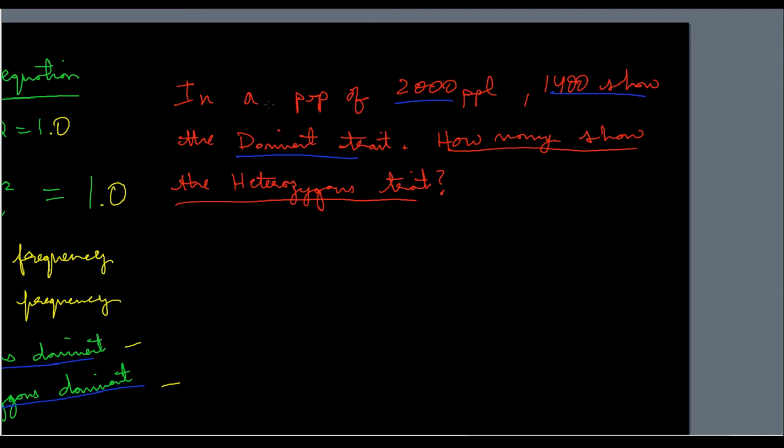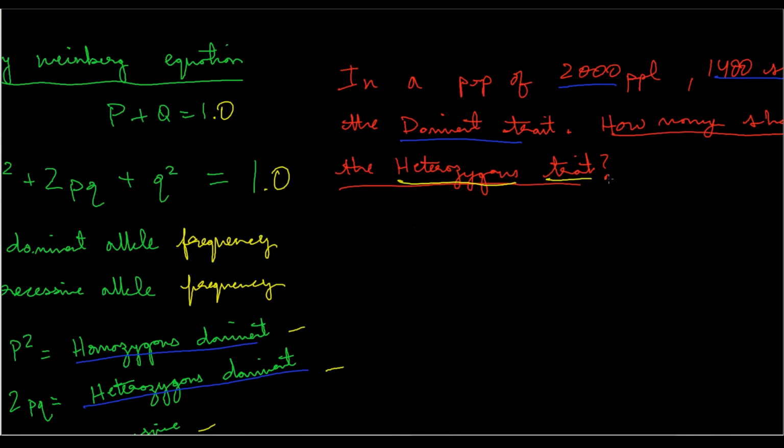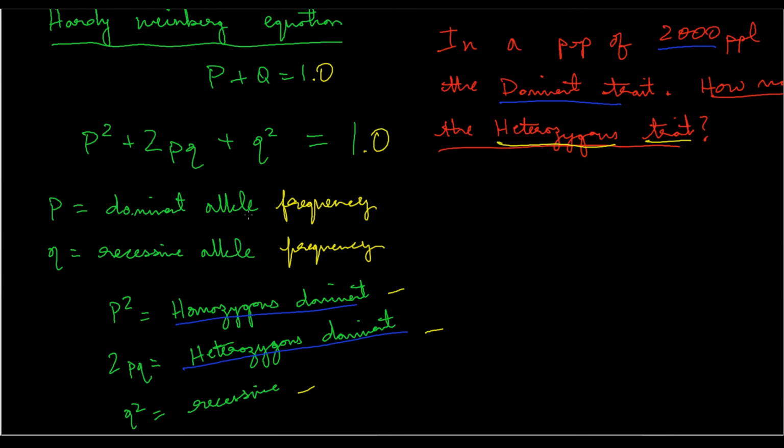Okay. So in a population of 2,000 people, 1,400 show the dominant trait. How many show the heterozygous trait? Now, 1,400, we can't really do anything with that because the dominant trait could be both this and this, since both show the dominant trait.